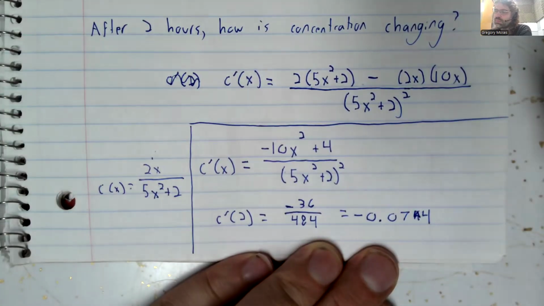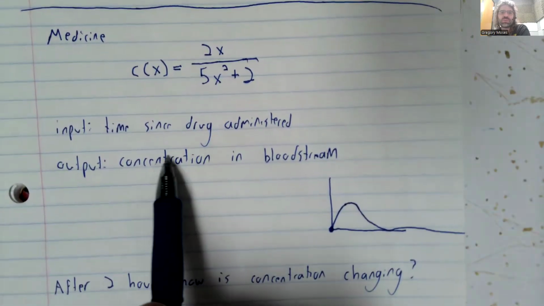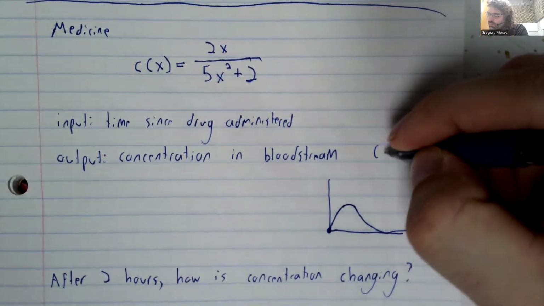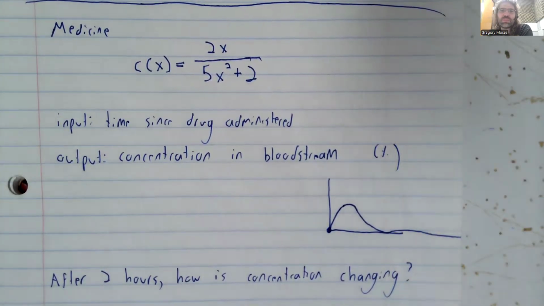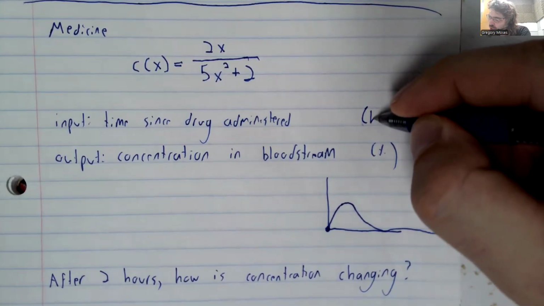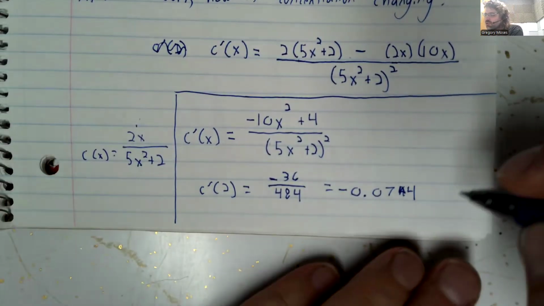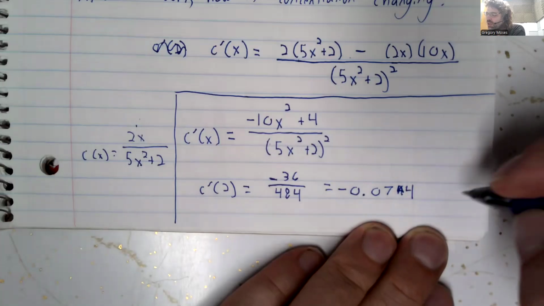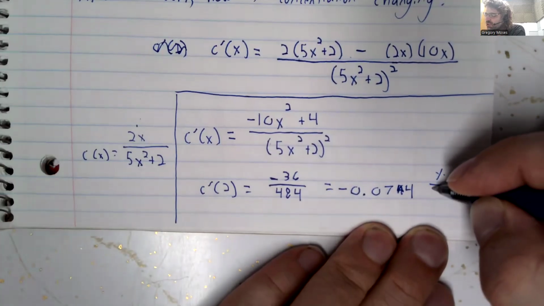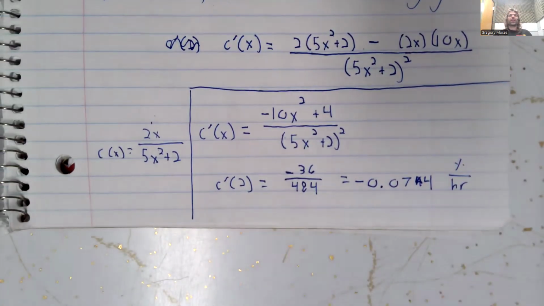The output is a concentration, so I suppose we'll just call that percent, although the real unit's a little more convoluted. Time, we can say, is measured in hours. So this is minus 0.074% per hour.